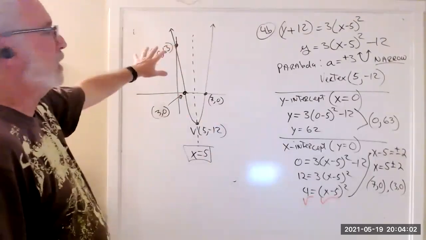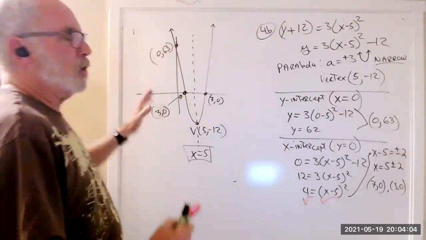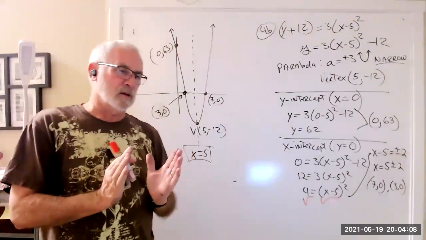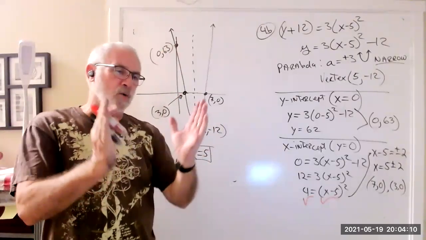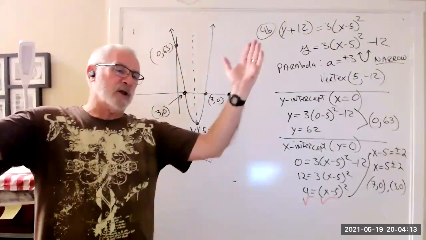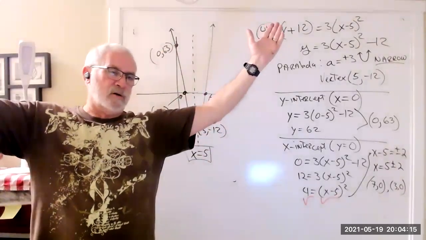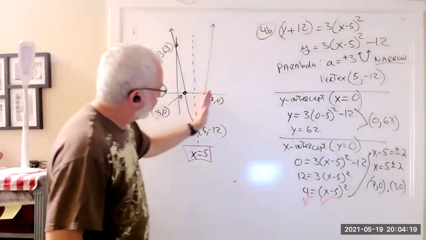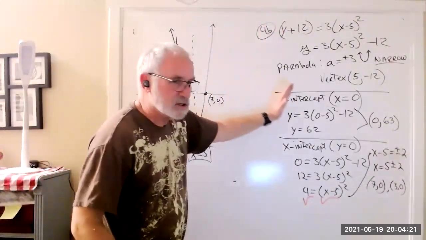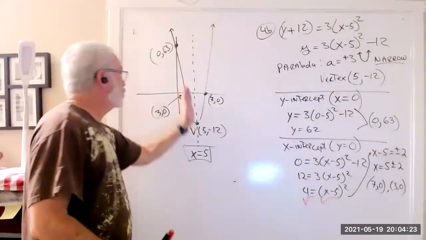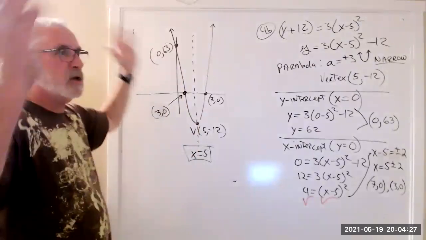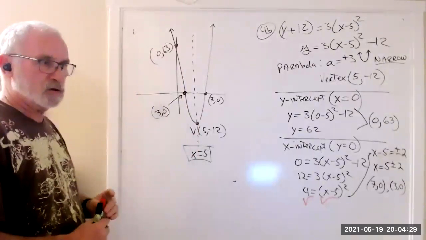Question, it doesn't show it up here, but what is the shape of this parabola? Well, we call it a U, but it keeps getting wider and wider and wider. So eventually we're going to use all of these x's, and eventually we're going to use all of these x's. Eventually we're going to use every x in creation.